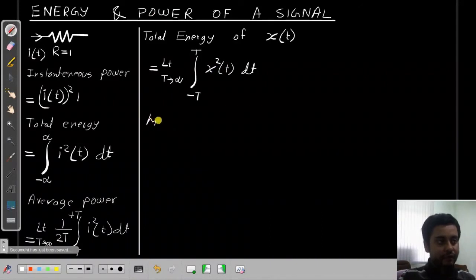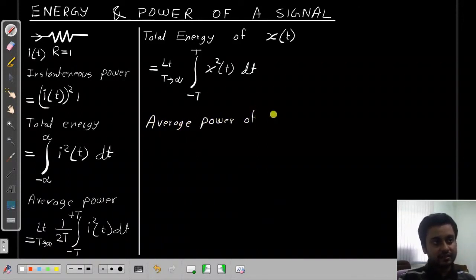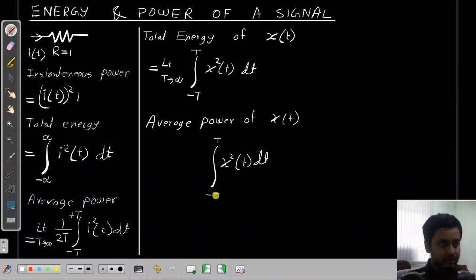similarly, the average power of a signal is defined as the total energy divided by total time.